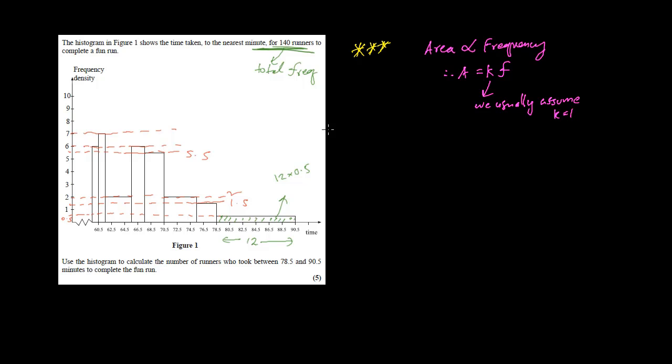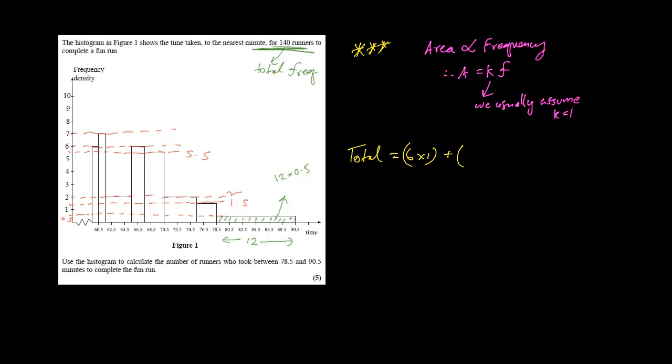So let's do this. The total area is going to be: this class width is 1 and this is 6, so 6 times 1.